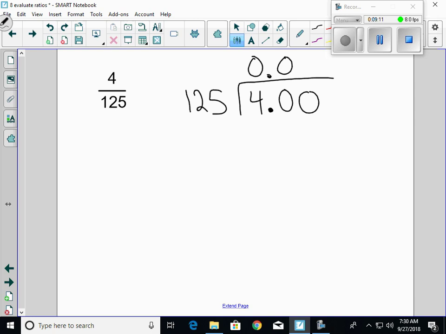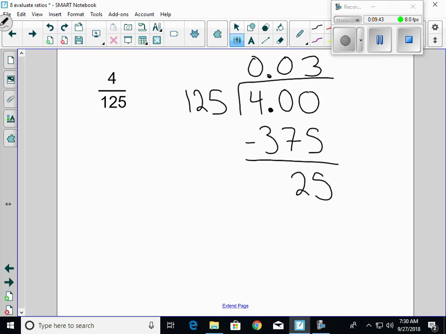125 does go into 400. Okay, so I'm going to think on the side. I'm going to count by 125s. It's going to go in 3 times. 125 times 3 is 375. Subtract these two, and I get 25.